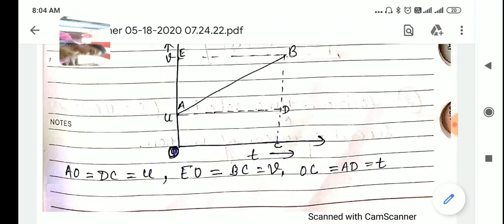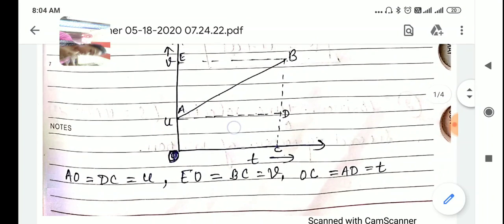So our graph is AB and it will not start from 0, it will start from A. Now, to find out the mathematical relation, we will do some modification in our graph.